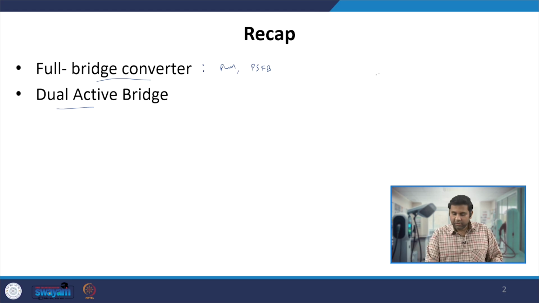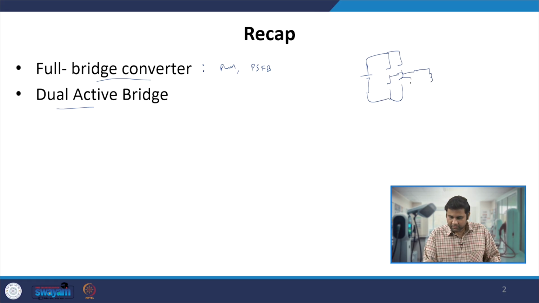If you recall our simple dual active bridge, let's quickly draw it. From both sides we have, let's say, V in and V naught.